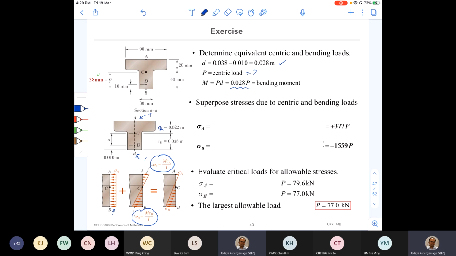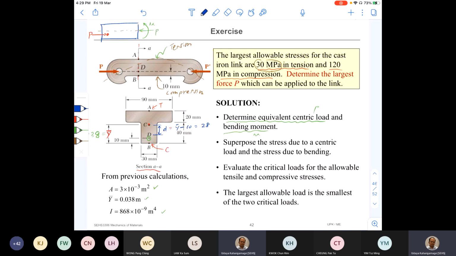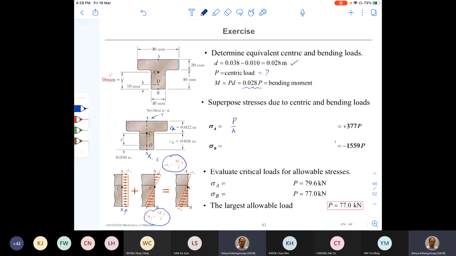So can you write the sigma A now? Stress at A has two components, that is P over A, and it is a positive or negative component. P over A, is it compressive or tensile? It is compressive, right? So that is why I mark it as a compressive force here. Therefore, it is negative.